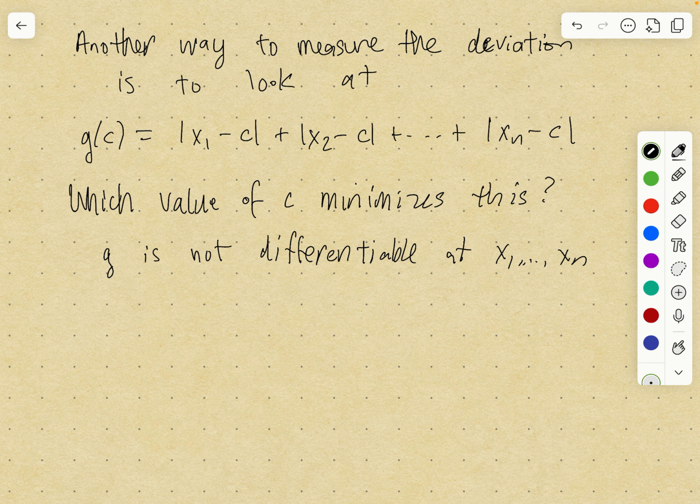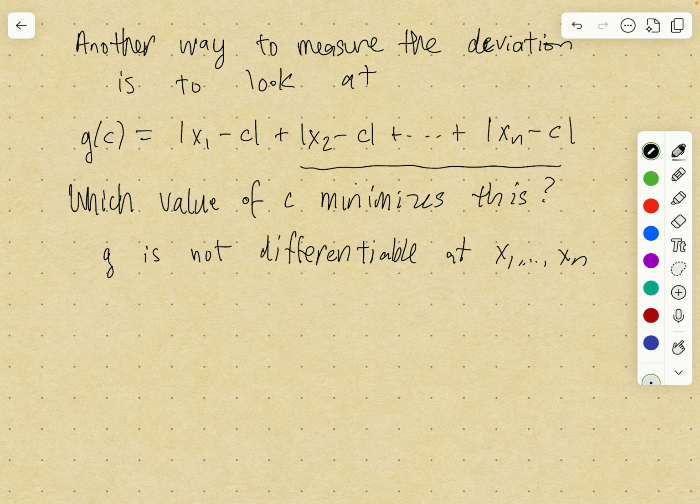Well, we know that all these other functions, x2 minus c, all the way to xn minus c, are differentiable at x1.